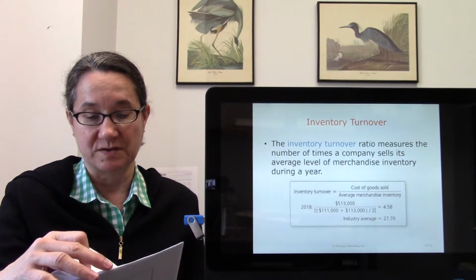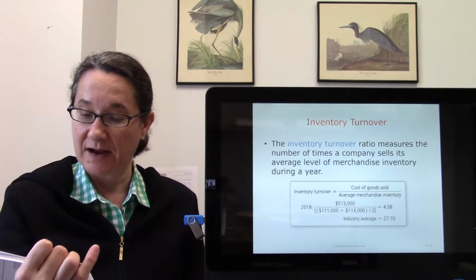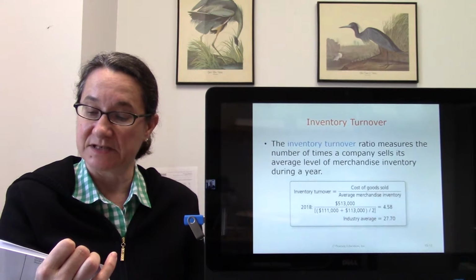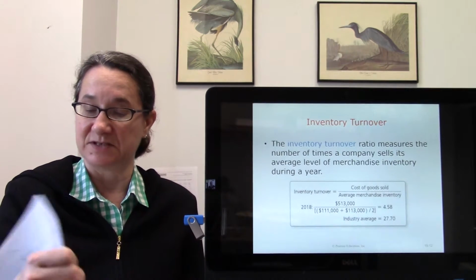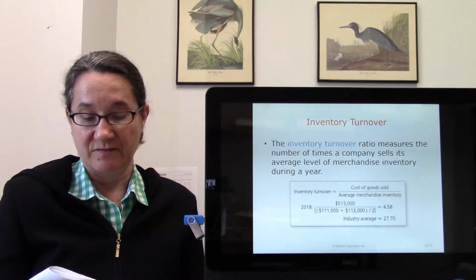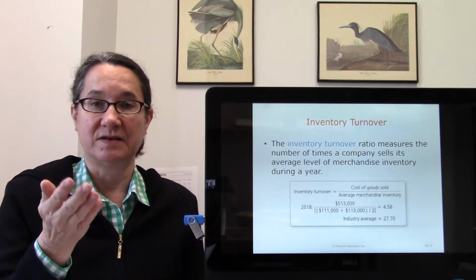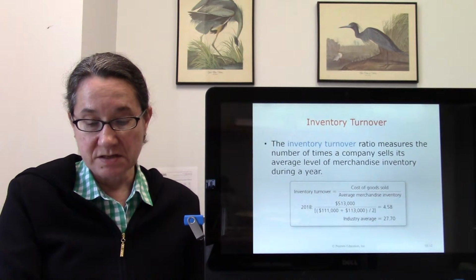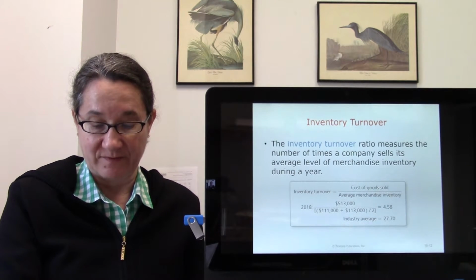So if you go to the balance sheets, you get 2017, which is 111, and 2018, which is 113, and you add them and divide by 2, that's your average inventory for the year 2018. So you come up with 4.58.